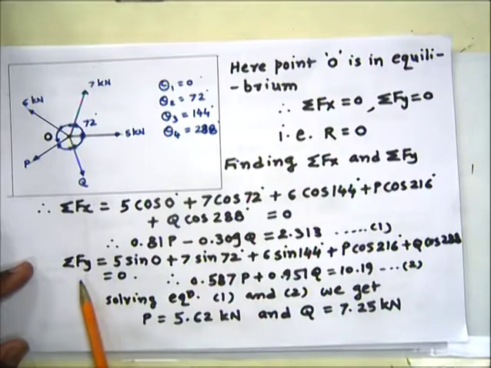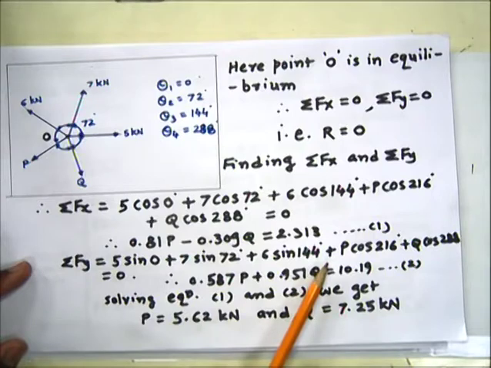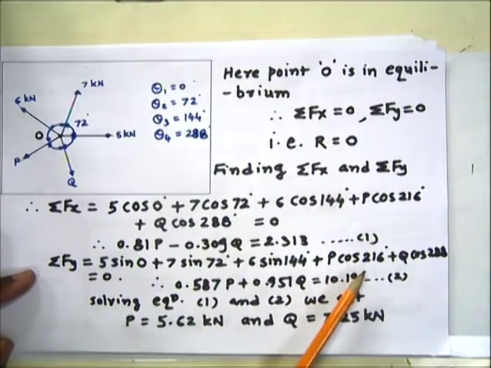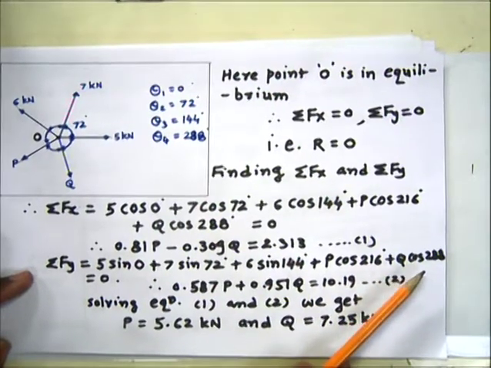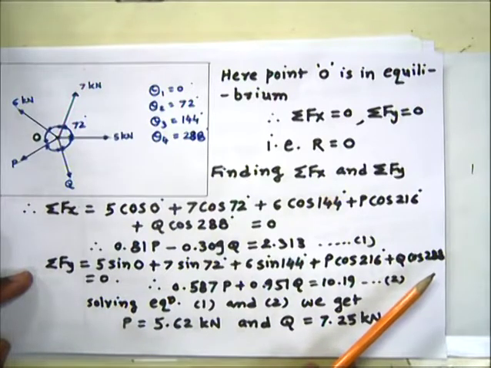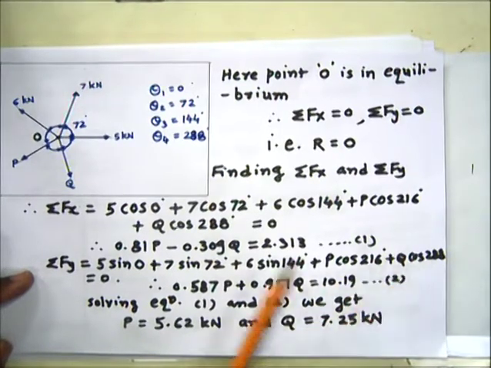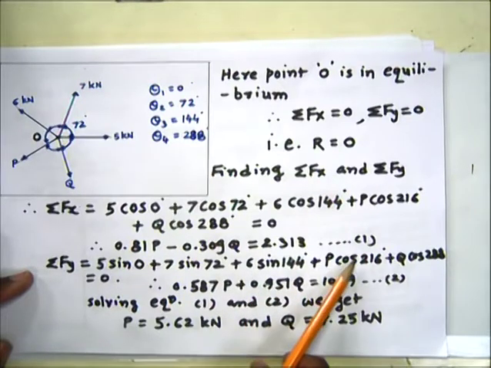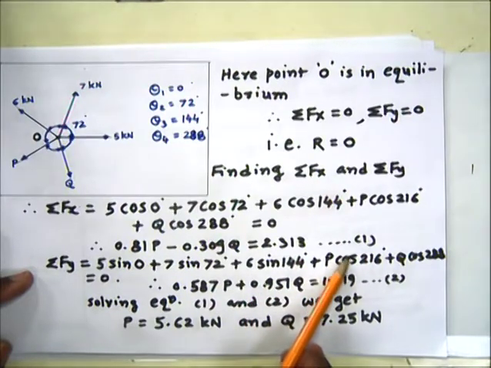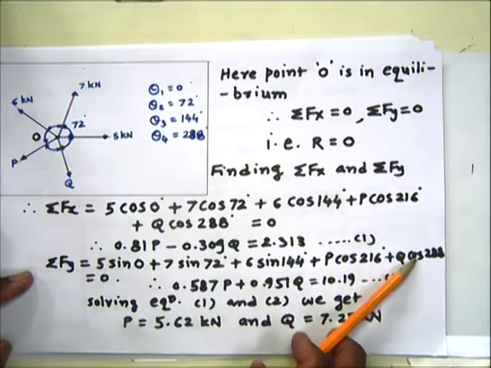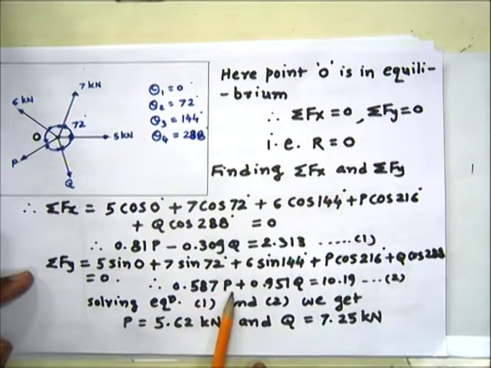Now sigma Fy, which is given by the sine components: 5 sine 0 plus 7 sine 72 plus 6 sine 144 degrees plus P sine 216, sorry, it should be sine here, plus Q sine 288 degrees. It was written wrong earlier; it should be sine here and sine here also.